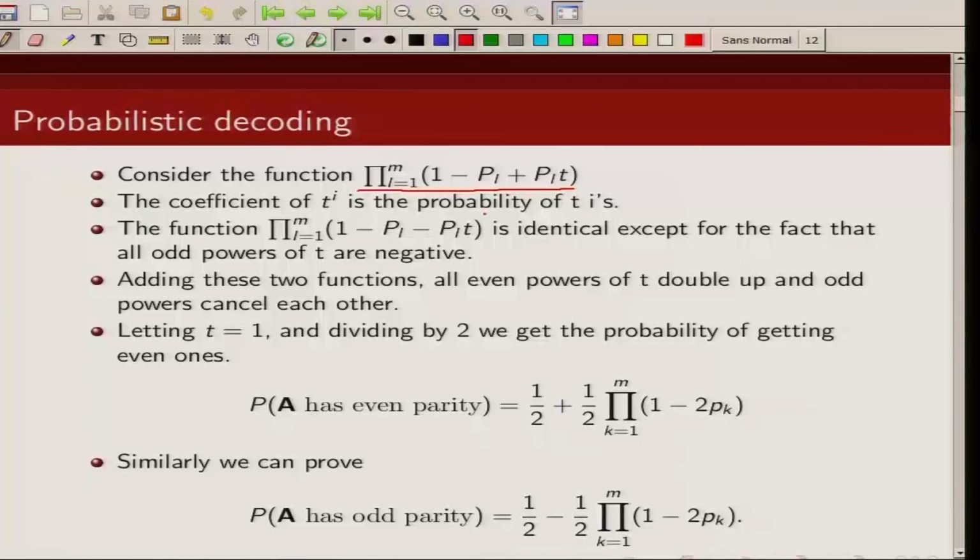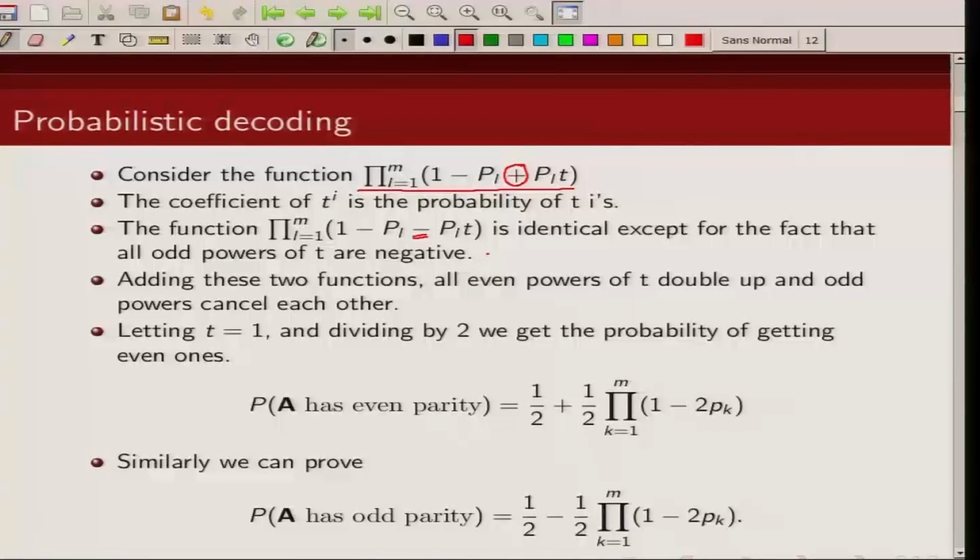Now, we can similarly consider this function where this plus has been replaced by minus. This function is identical to the first, except that the odd powers of t will have a minus sign in the expansion.